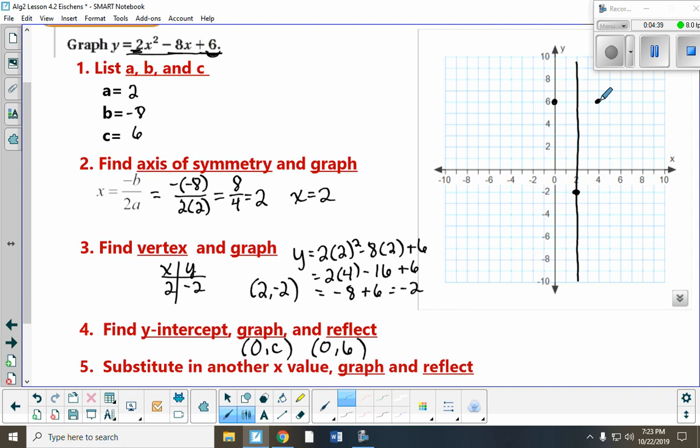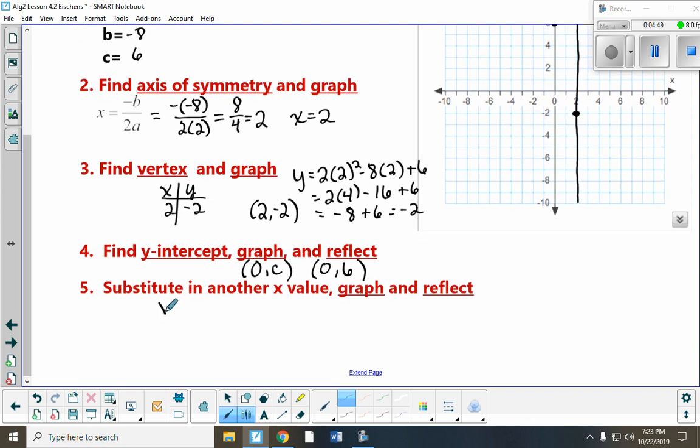And then we want to have one more point, so we're going to substitute in another x value. So let's say pick something close to the axis of symmetry. Let's substitute 1 in. So if I substitute in a 1, I would have y equals 2 times 1 squared minus 8 times 1 plus 6.